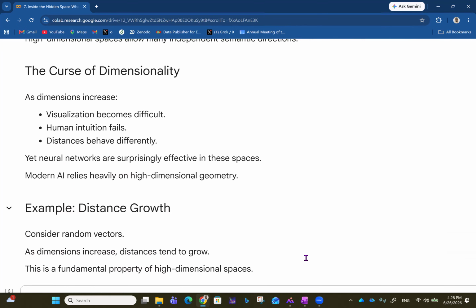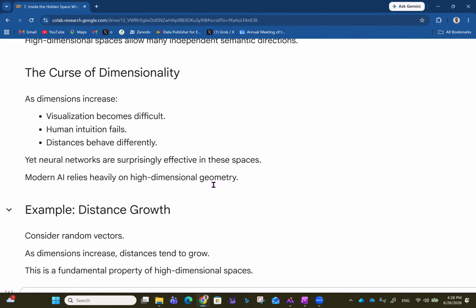So now we have the idea of the curse of dimensionality. As dimensions increase, visualization becomes difficult for sure. Human intuition fails, distances behave differently, yet neural networks are surprisingly effective in these spaces. When we have very large dimensions, it's really difficult for humans to understand, and that's where we need a collaboration, a human-computer interaction, for things to get better.